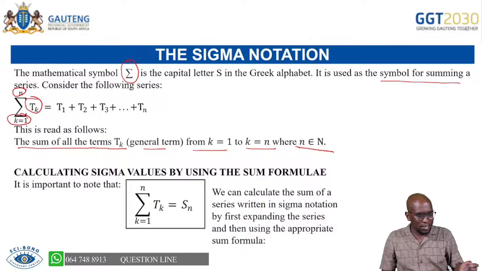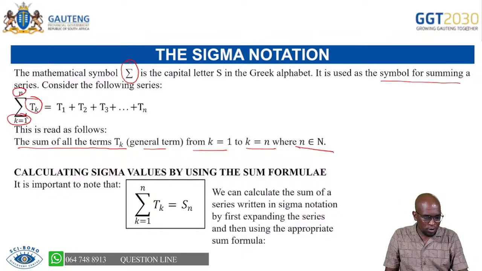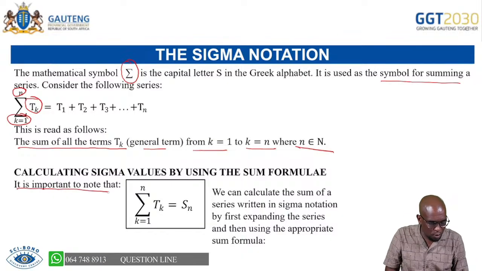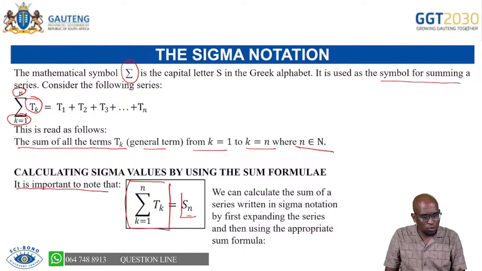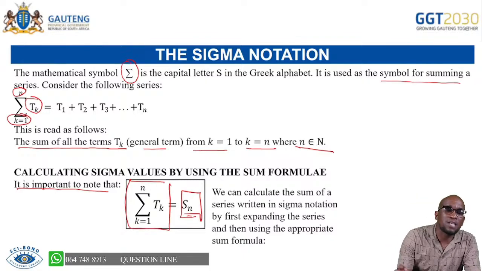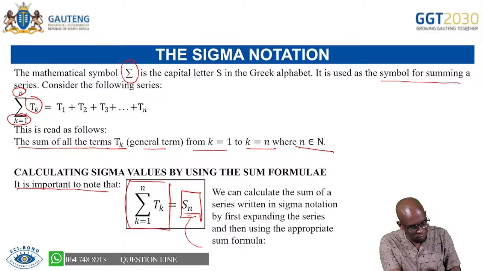So now calculating the values by using the sum formula. It is important to note that this represents the sum to n terms. Already we've worked out the sum to n terms. If it is arithmetic, we're going to use n over 2 into 2a plus (n minus 1)d.